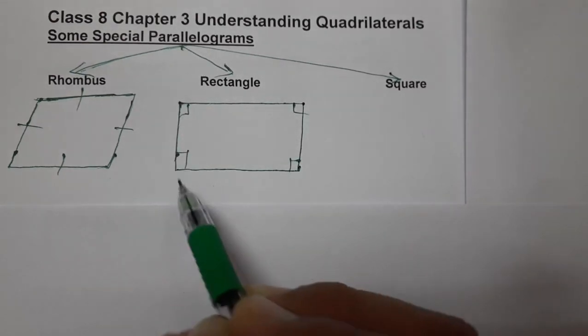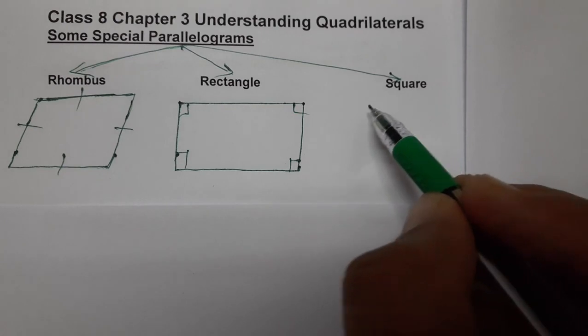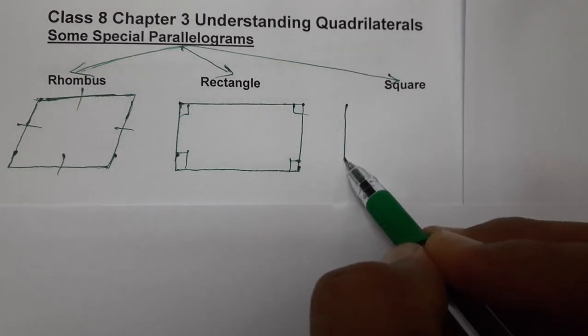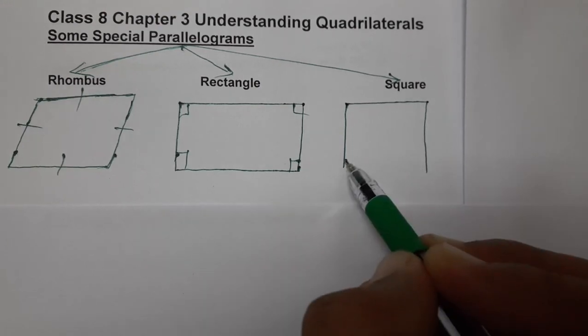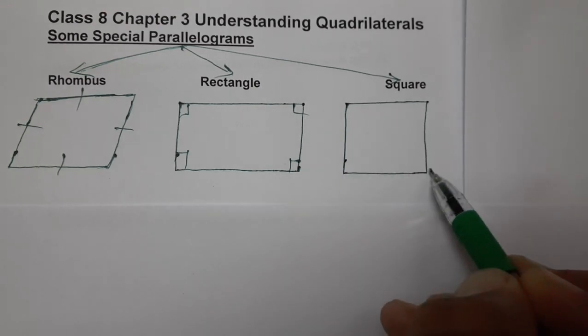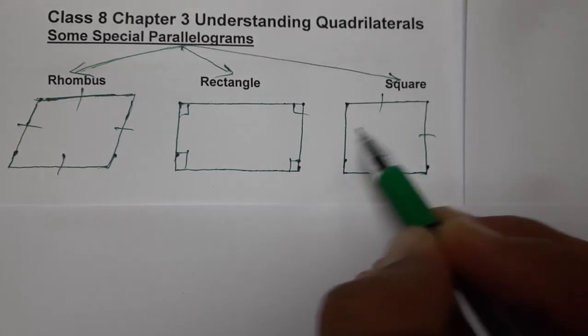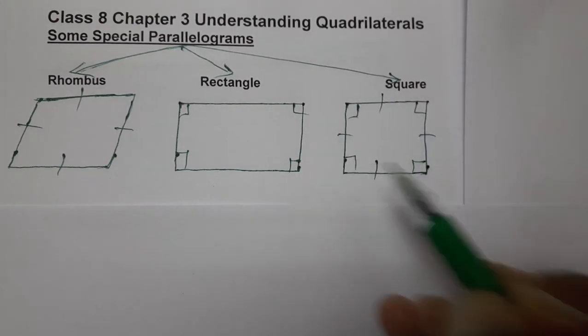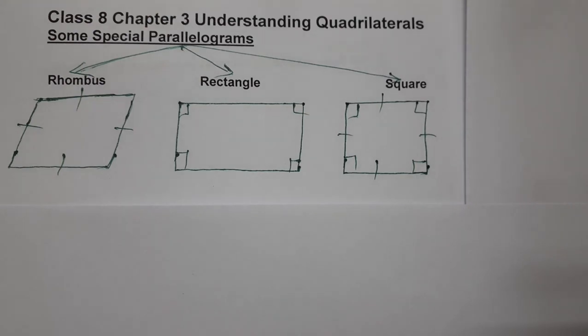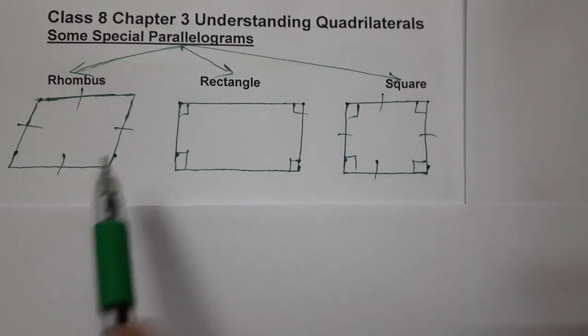This is again a parallelogram. And a square is a parallelogram whose all sides as well as all angles are equal. So these three special parallelograms we are going to cover now.